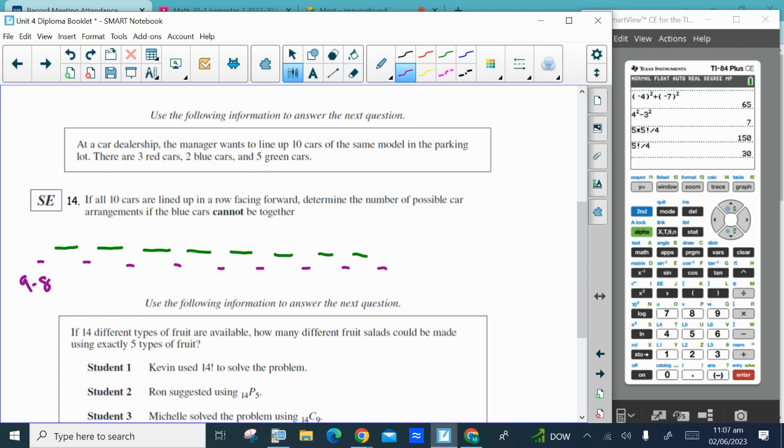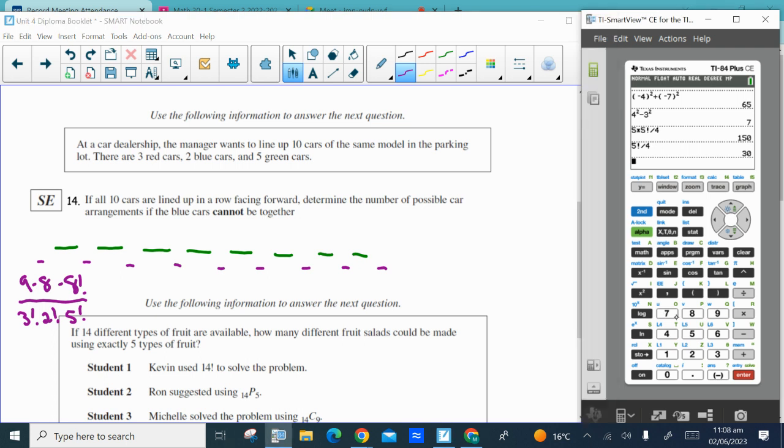So you have 8 cars remaining, and they can be arranged in 8 factorial ways, but we have repetition here. There are 3 red cars that are identical, 2 blue cars that are identical, and 5 green cars that are identical. So this is one way to do this.